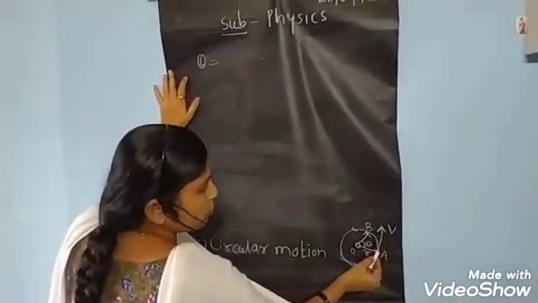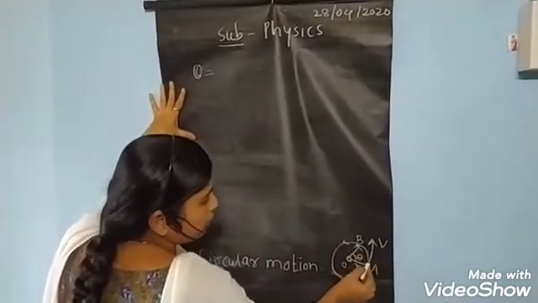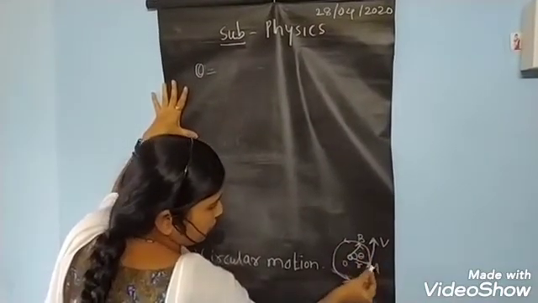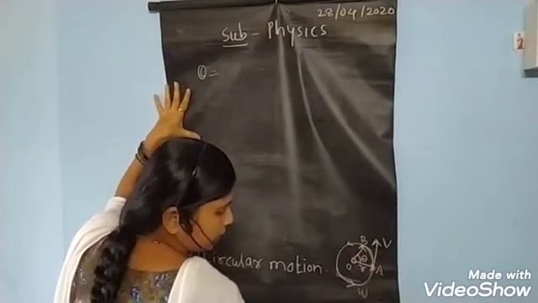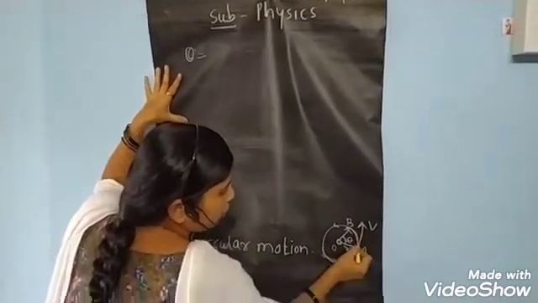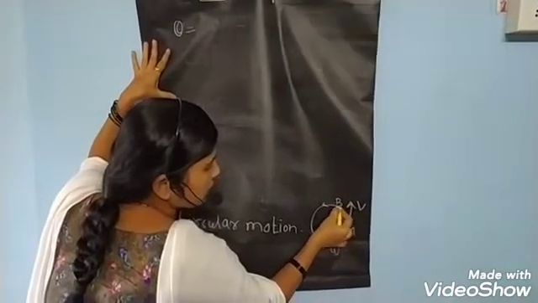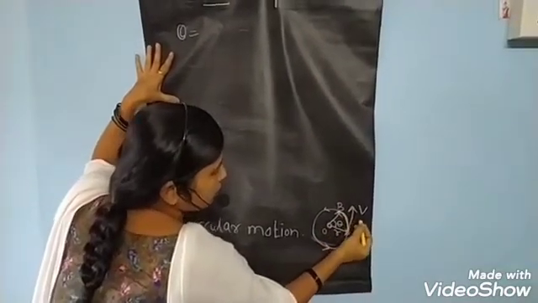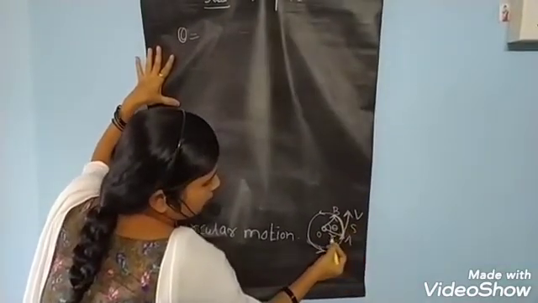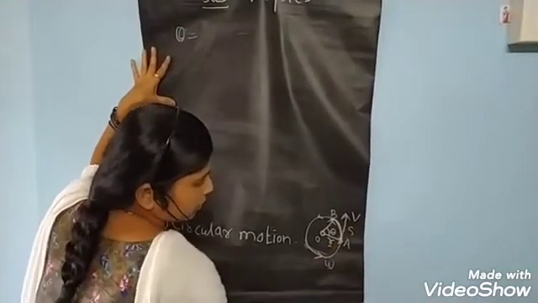The particle moves from position A to B. It covers a distance AB, which is called the arc length, and we denote it by S. R is the radius.